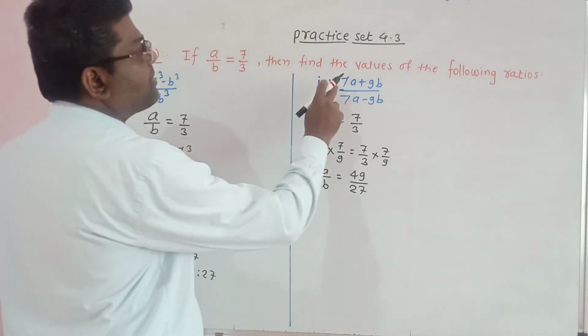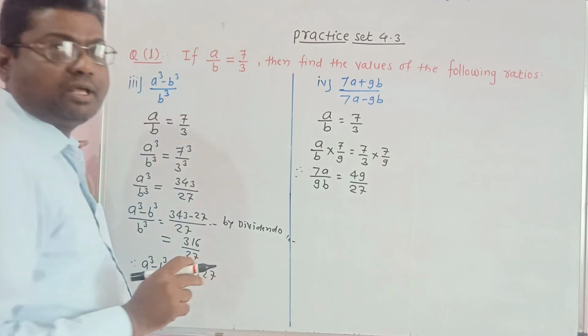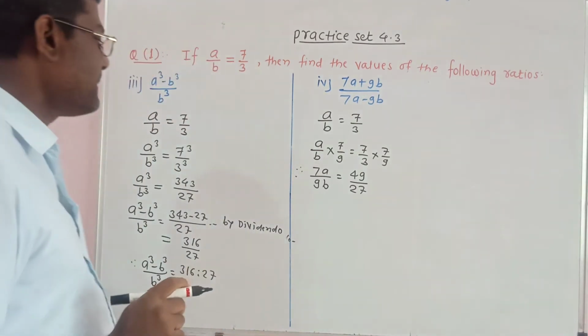Now here 7a plus 9b upon 7a minus 9b means it is a componendo dividendo.